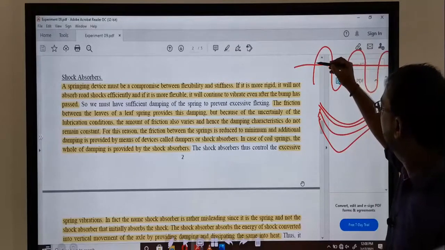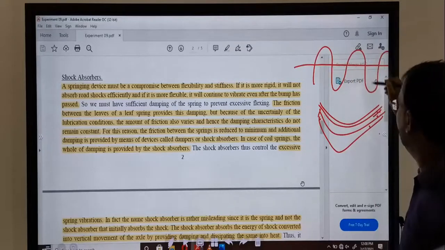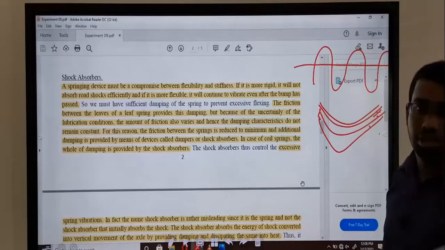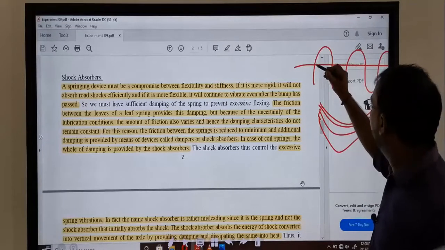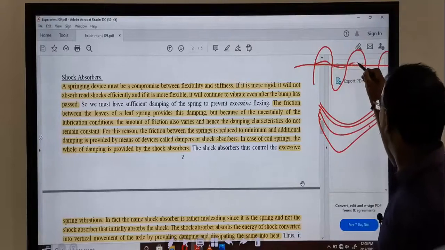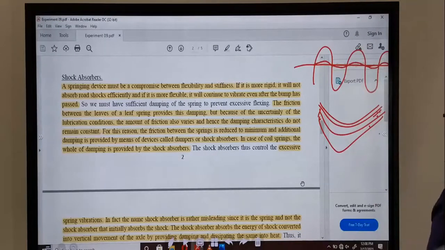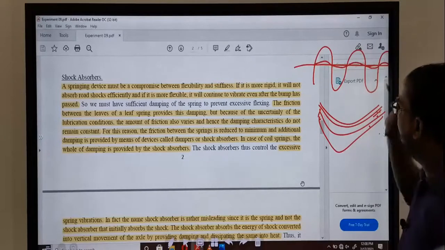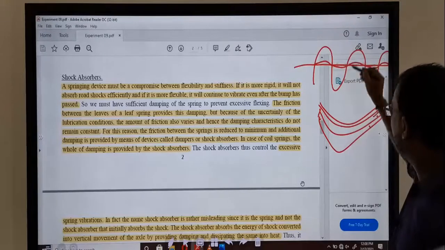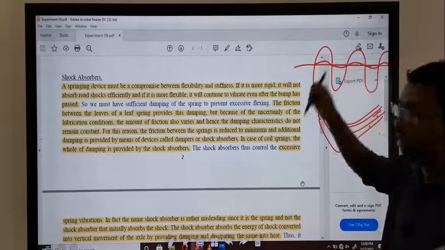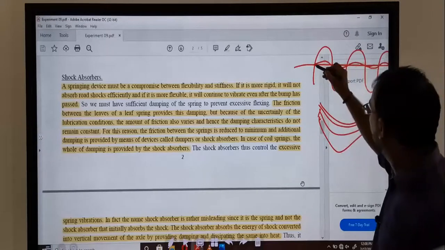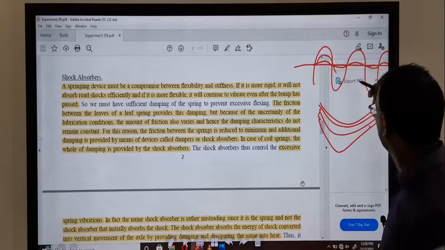If it is more flexible, it comes like this. If it is stiff, it comes like this. There is no bumping, but we can feel the vibrations. So damping means we have to reduce this flexibility. It is going to vibrate, so there is an average.